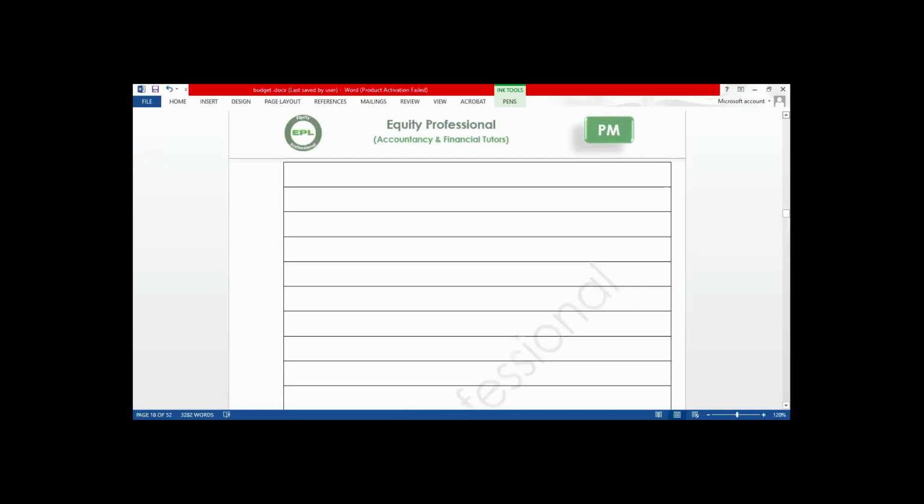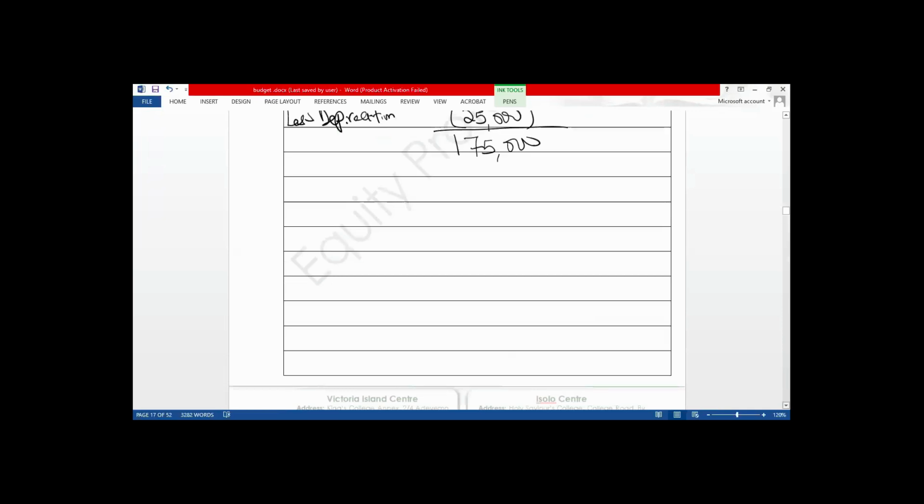So let's go to this. I'm going to use the next page.